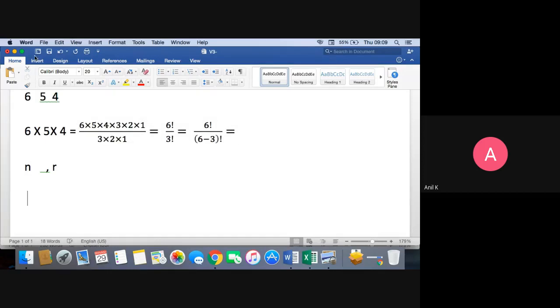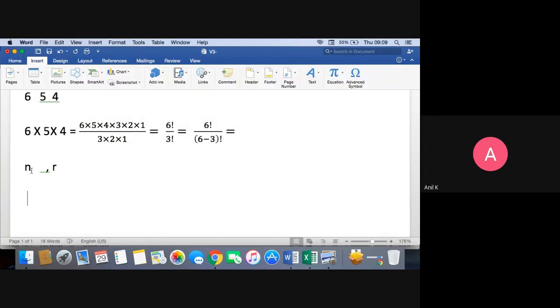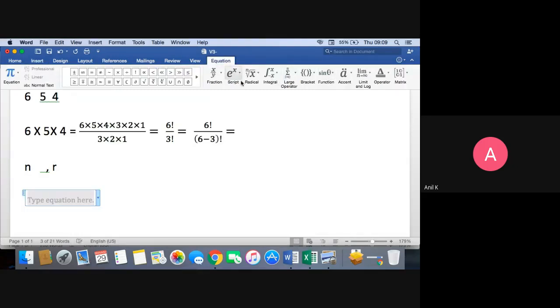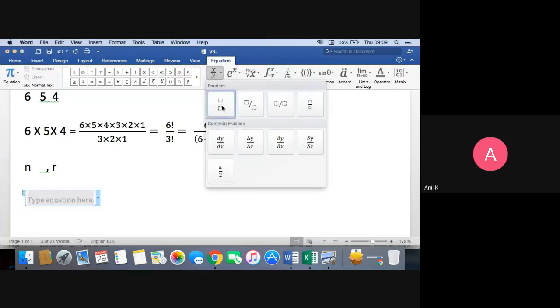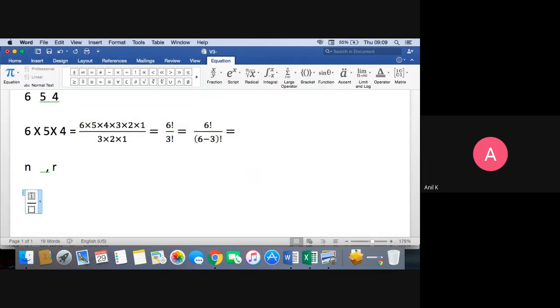Okay. Here the n value is 6, the r value is 3 in the above example. Similarly here also, if I have n objects and out of n I am taking r objects, my formula is going to be n factorial upon n minus r factorial.